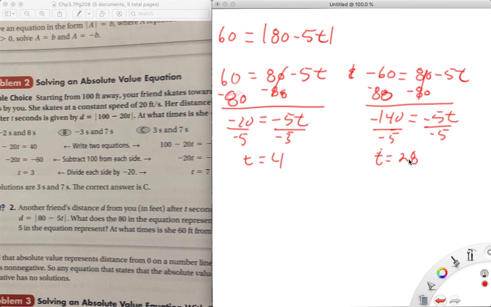That seems about right. Okay. So that's 28. So you have 4 and 28. It's a big difference. Huge. Negative 20. Yeah, definitely looks like that's right.